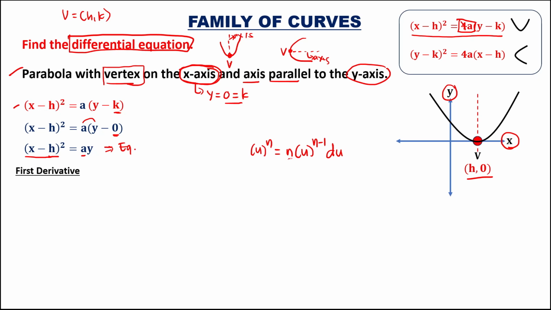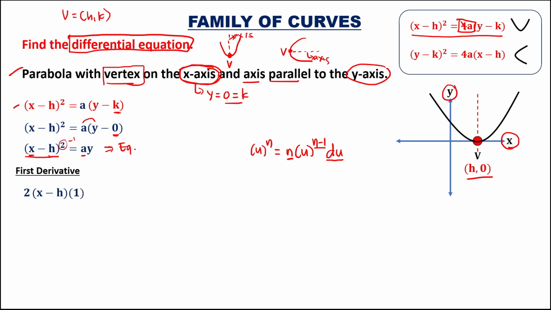So n is the exponent, so this becomes 2, times u, and u is what's inside the parentheses, x minus h. Then minus 1 for the exponent, so 2 minus 1 becomes 1. Then times the derivative of u.